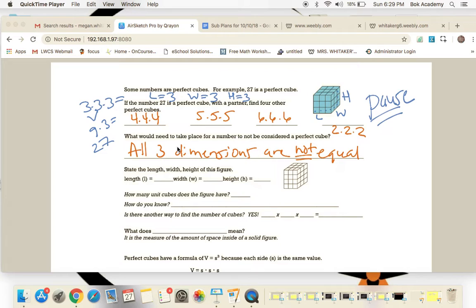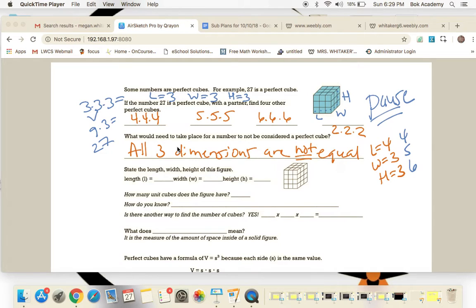Which means one side could be more, or the length could be maybe 4, and the width could be 3, and the height could be 3. They could all 3 be different. The length could have been 4, the width could be 5, and the height could be 6.